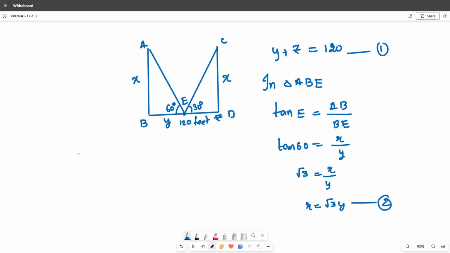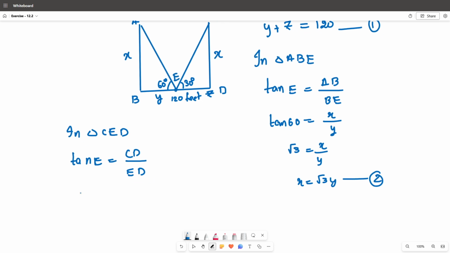Next, in triangle CED, we are using the same adjacent side and opposite side, so let's use tan here. Tan E is equal to CD by ED. So angle E is 30 degrees in triangle CED.